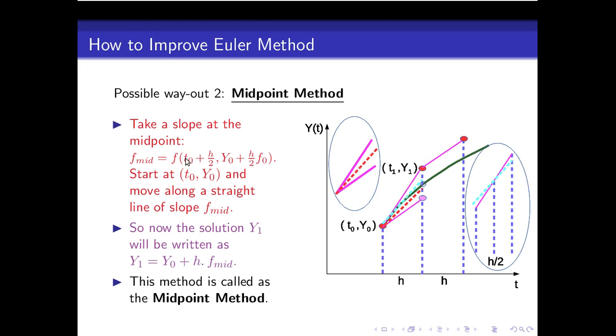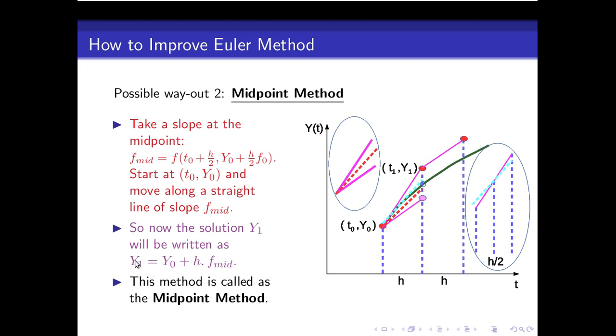So this is the specification of the point, and if this function is given by the differential equation, again remember that the differential equation was dy/dt is equal to f(t, y). So f(t, y) is given. If you calculate f at t0 plus h by 2 and y0 plus h by 2 f0, you will get dy/dt at this point.